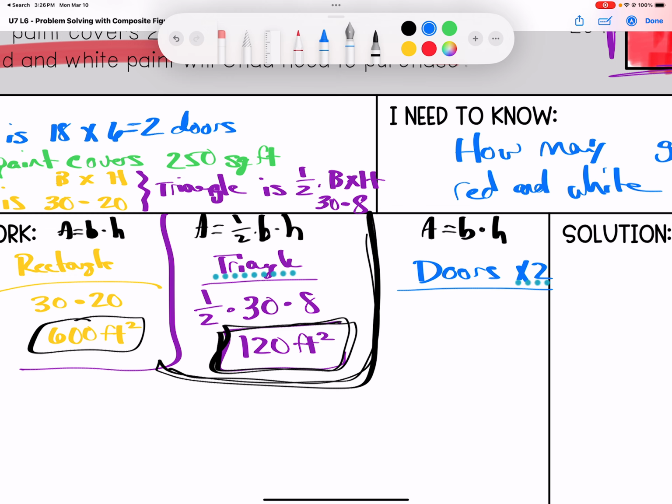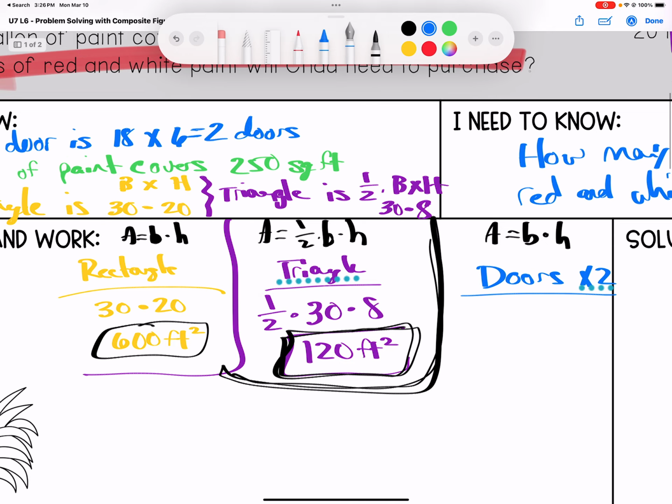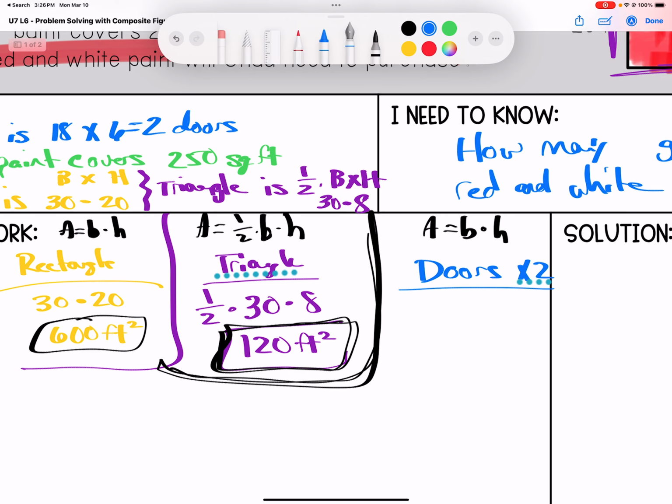So the doors are 18 by 6, which is 108. Now remember, there are 2 doors, so we're going to multiply it by 2. Then the total is 216 feet squared. That's the doors.